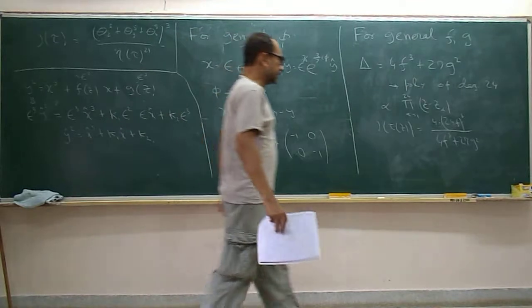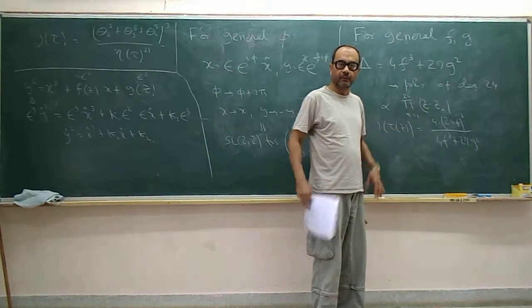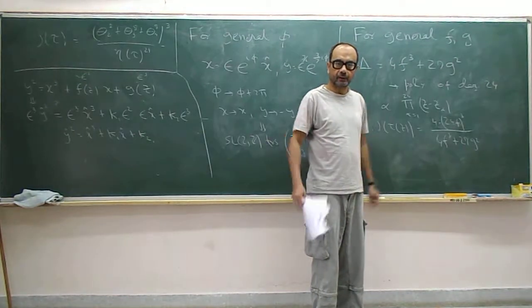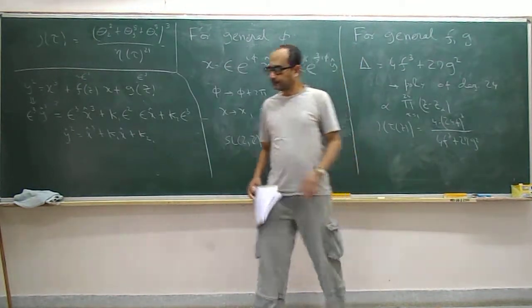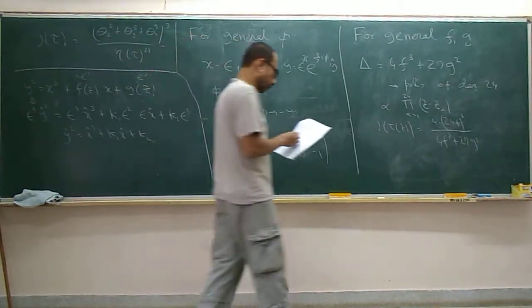So what one finds is that if we take a source of this kind, where tau is varying as a function of z, then the metric that one gets on the base has the following structure.